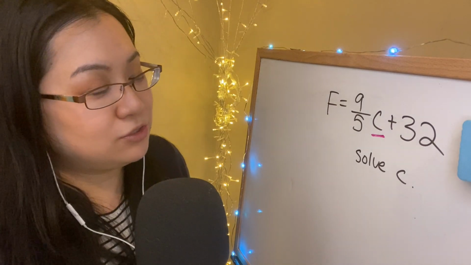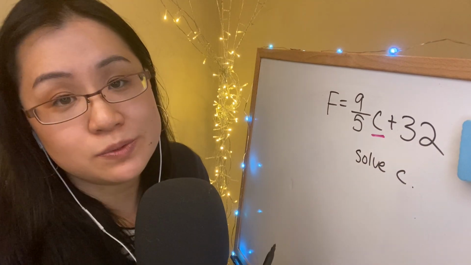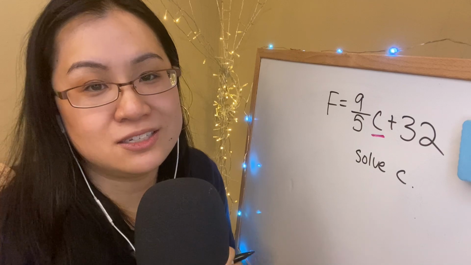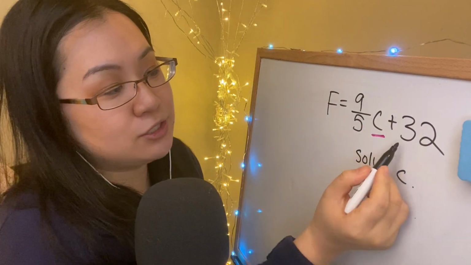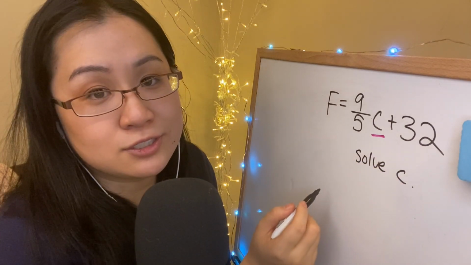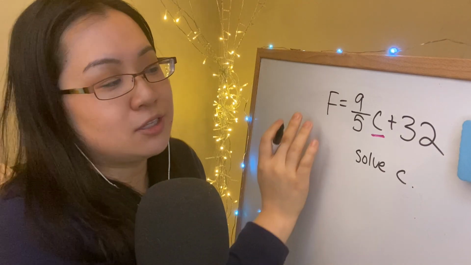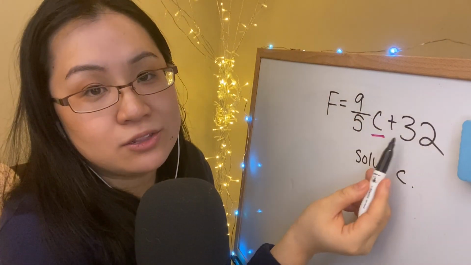But now, do I get rid of this 9/5 thing? Do I get rid of this 32? Well, you can do whatever you want as long as it's mathematically equivalent. But I would say the easiest thing to do is to undo this plus first. So if you think in your mind, what is the order of operations that normally happens? I multiply by 9/5 and then I add 32.